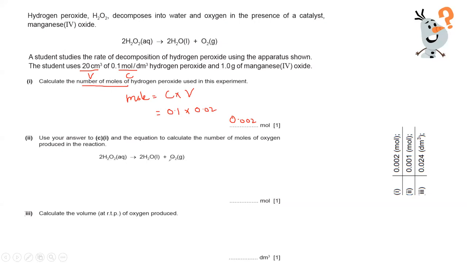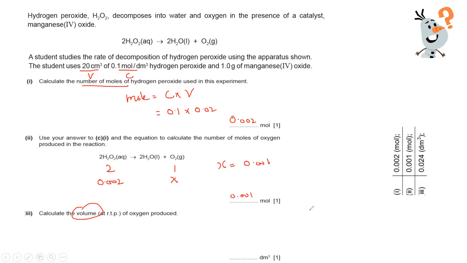Now we need moles of oxygen, so we use the ratio between hydrogen peroxide and oxygen, which is 2:1. If we have 0.002 moles, then it will be X moles of oxygen. We cross multiply and get 0.001 moles of oxygen.